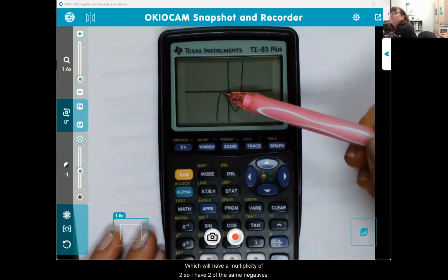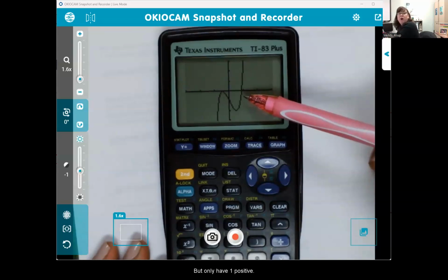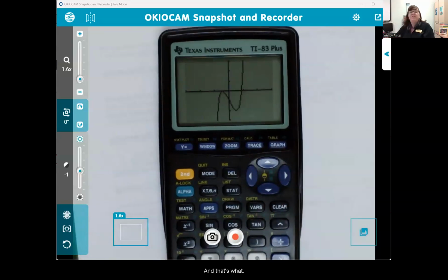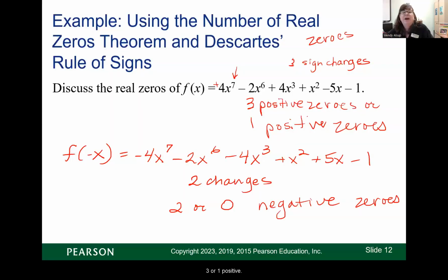So I have 2 of the same negatives, but only have one +0. And that's what Descartes told me here. So that does fit what I've learned from Descartes. So Descartes' theorem said I could have 3 or 1 +0.